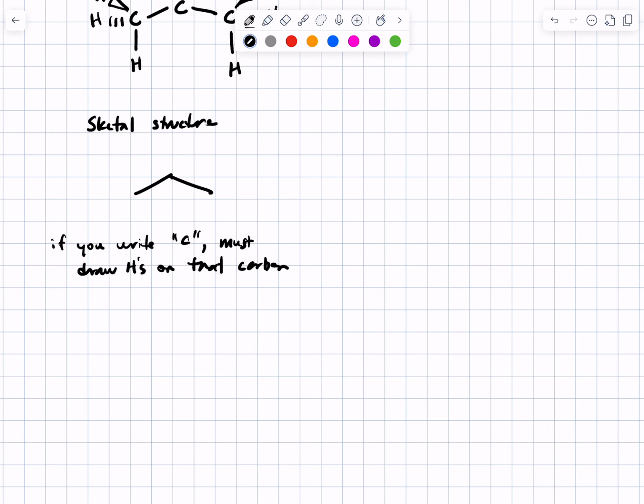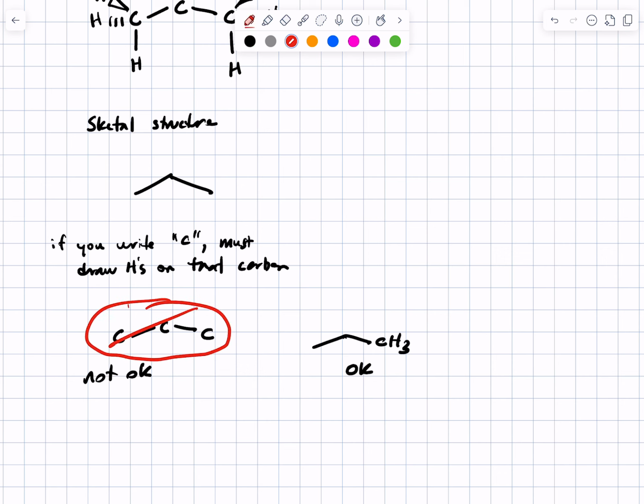So what I've drawn here is not okay. What I've drawn here is totally okay. If you write out the C, you must write out the H's. Yes? So in that second case, you only have to write out the H's for the C that you drew.